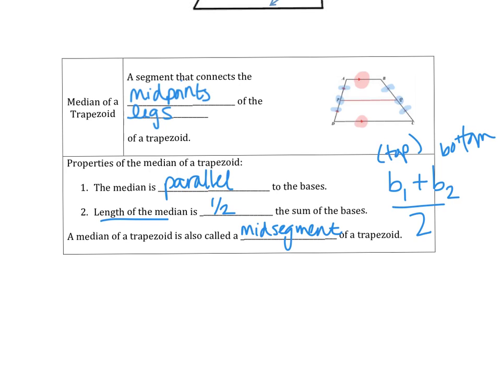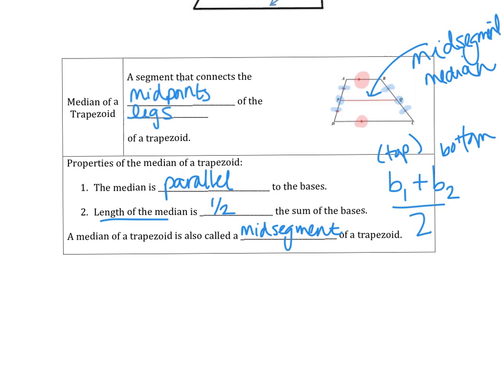So that median, which is right here, I'll draw an arrow in there for you. That right there is your mid-segment or your median. Can't write there. I-A-N. There we go.